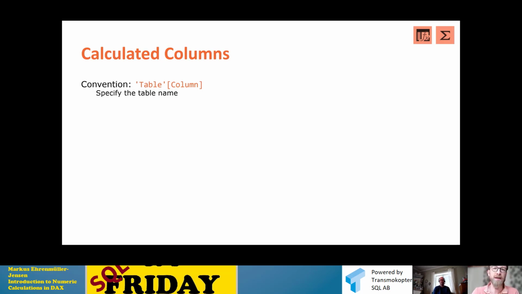Or if you have special characters or blanks in your table names, which you should have in my opinion, because the names in Power BI, the table names and the column names, should be the business terms. So no camel case, no Pascal case, but really with blanks and all the things like the business would write that. That makes it easier for your business users to use the thing because they just recognize what it is.